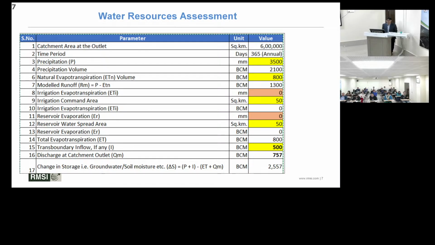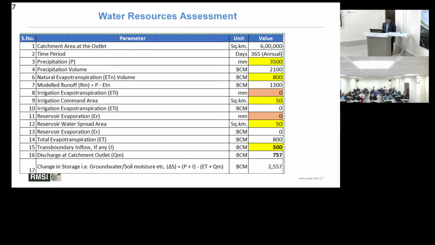I will let you know from where you download those files, and you can see what the water spread area is in your basin. Then you can estimate how much water spread area is covered by the reservoirs.